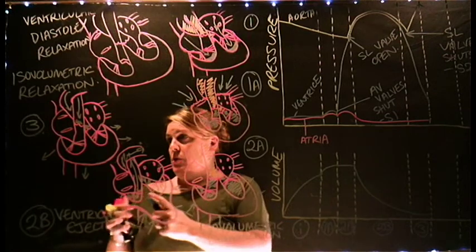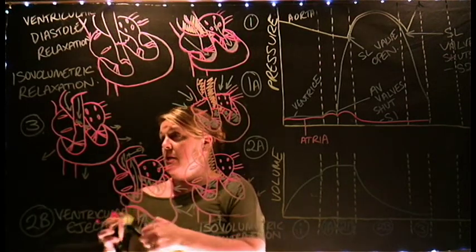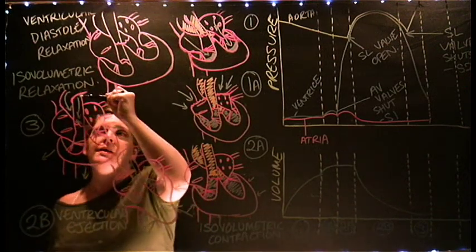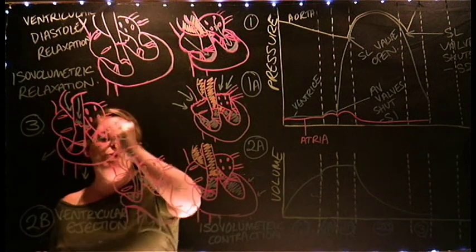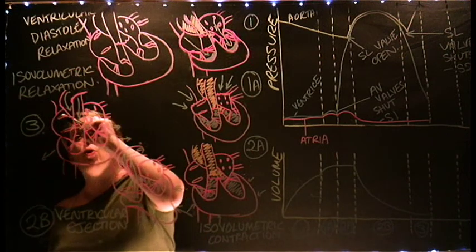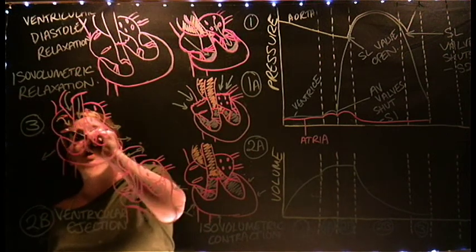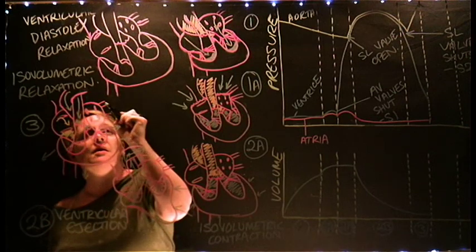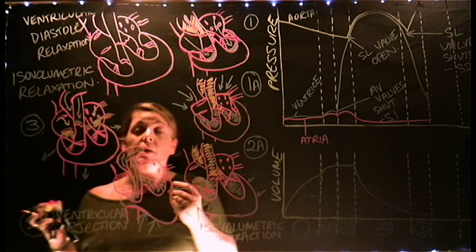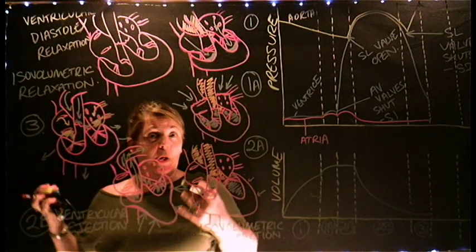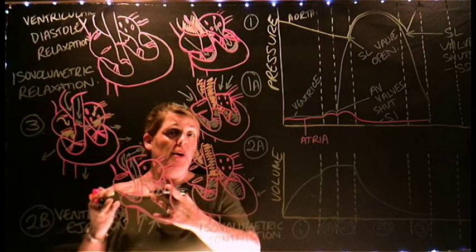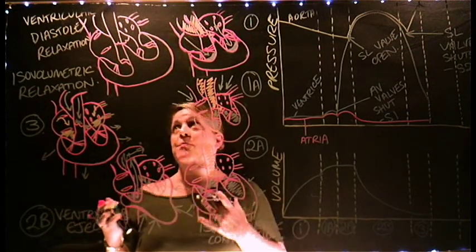And during this period in stage 3, as the heart has started to relax, not only did the blood suction and draw back blood through the great vessels to close the semilunar valves, it also encouraged blood to start collecting in the atria from the veins and the vena cava. And so part of our venous return is actually negative pressure suction towards the heart as the ventricles start to relax.